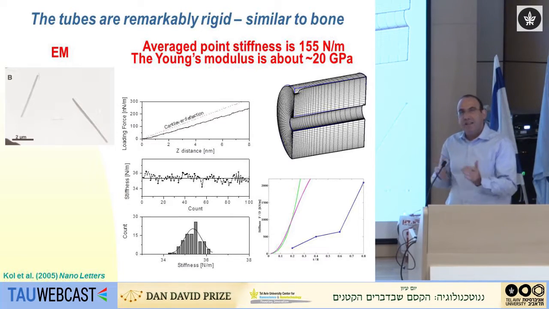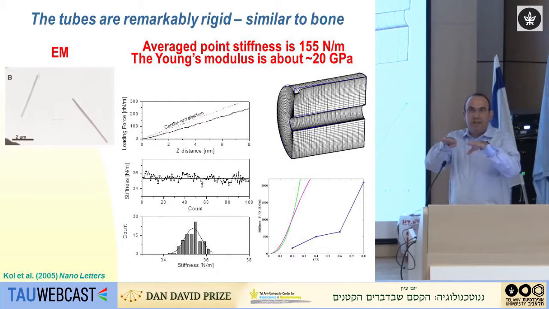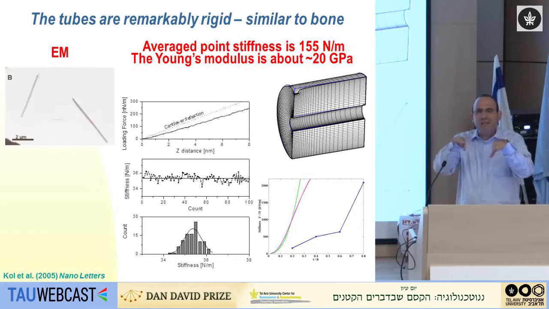Actually, independently, a group in Nottingham, the Saiani group, calculated the Young's modulus using another method, bending beam, and calculated a Young's modulus of about 29 gigapascal.